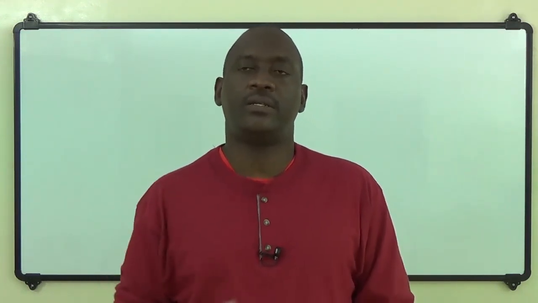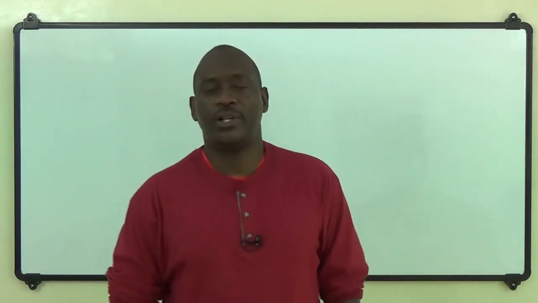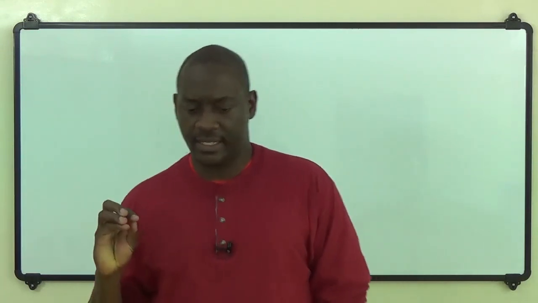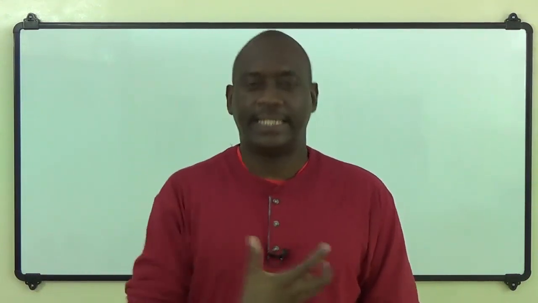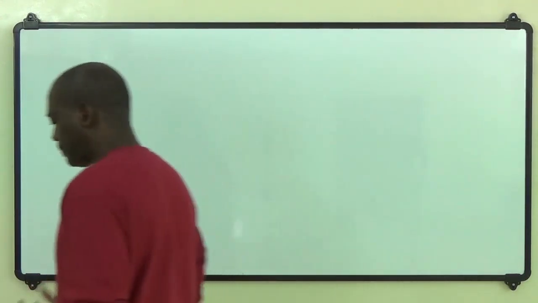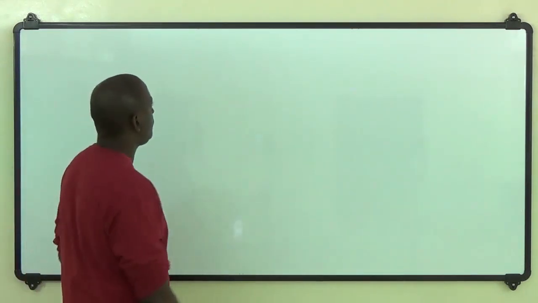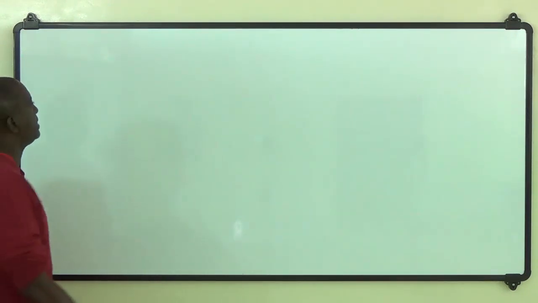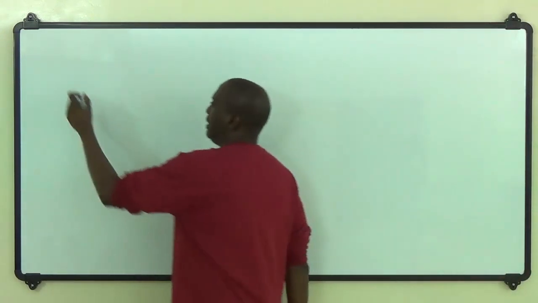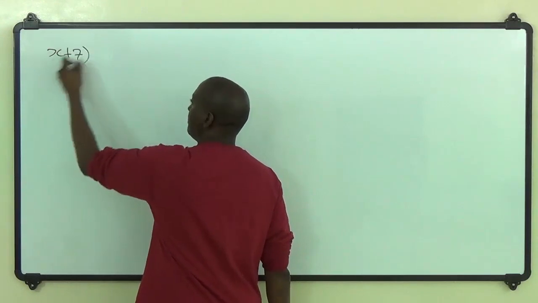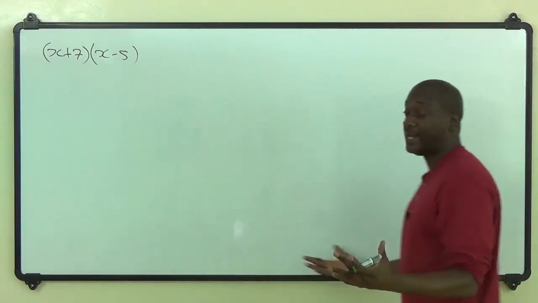So now that we kind of revised that at the start, now we get into the multiplication of polynomials, which could also serve as a revision for your expansions in your mathematics. So remember, in your CSEC mathematics, you would have gotten something like x plus 7 into x minus 5. You had to expand that.